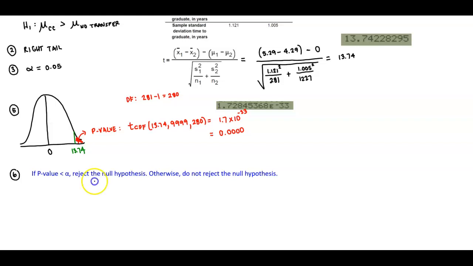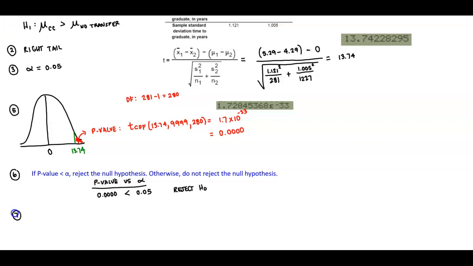So let's compare the p-value with the significance level. So the p-value is 0.0000, and that is smaller than the significance level of 0.05. And since it's smaller than the significance level, that means we are going to reject the null hypothesis.